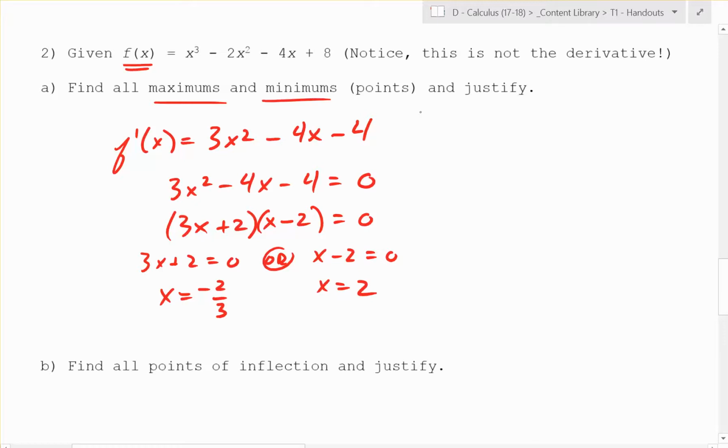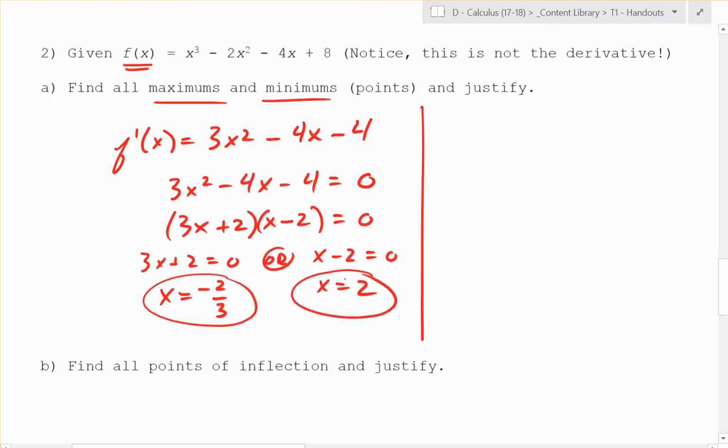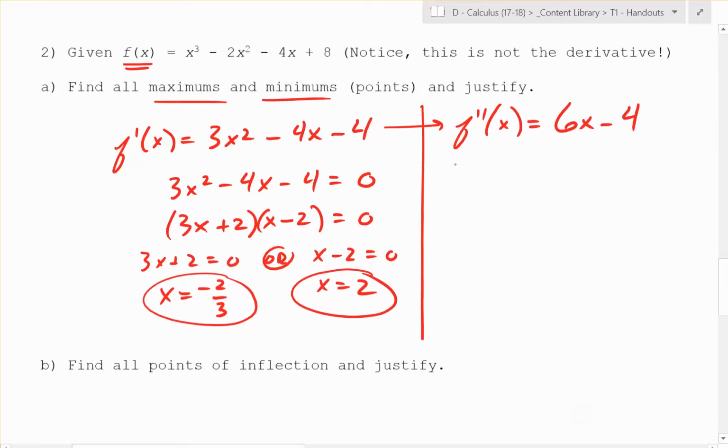So we could make a sign diagram right now, but we could also check the concavity. We know that at these points the derivative is 0, but let's check the concavity at those x values. To do that, we need to know the second derivative. If that's the first derivative, the second derivative, because it's still a polynomial, we can use the shortcut, is 6x minus 4.